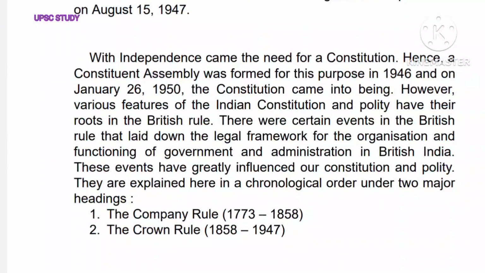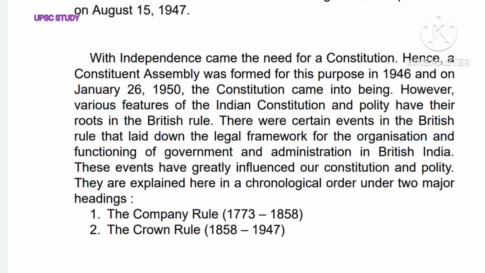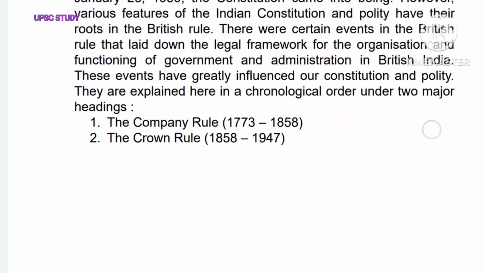They are explained here in a chronological order under two major headings. Number 1, the Company Rule, 1773 to 1858. Number 2, the Crown Rule, 1858 to 1947.